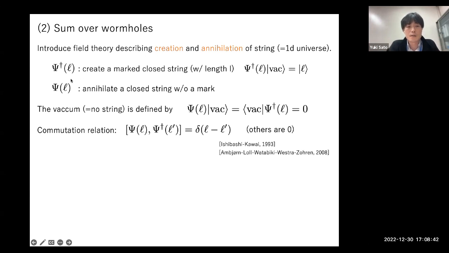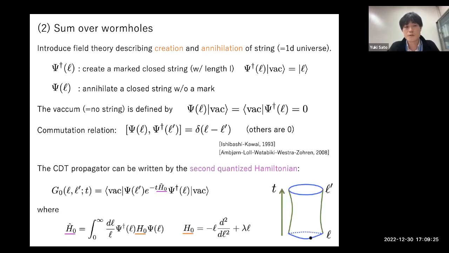So first, I introduced the psi-dagger operator that creates a closed string, the one-dimensional universe, and also introduced the psi that annihilates a closed string, a one-dimensional universe. And the vacuum is given by these 2 equations. So in the vacuum, there are no one-D universes or strings. And these two operators should satisfy this commutation relation. Okay, so these are the setup for the string field.